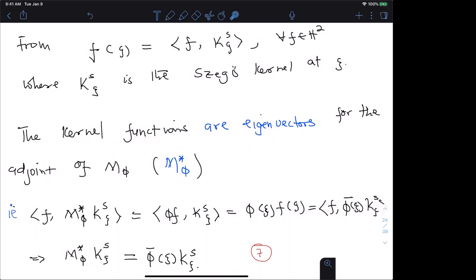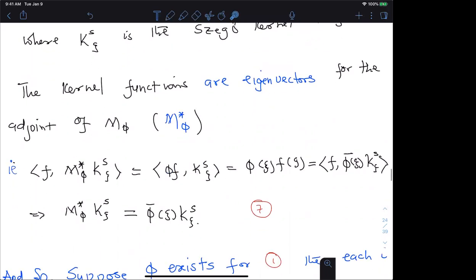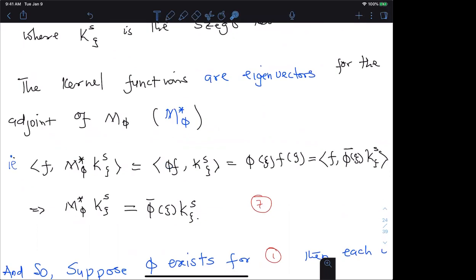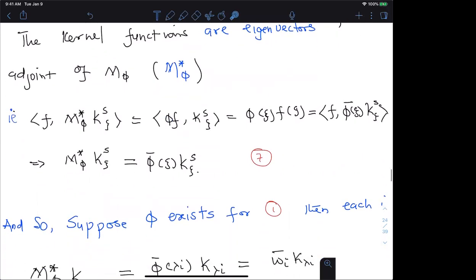One important aspect of operator theory that we're going to be using is that the Szegő kernels are eigenfunctions for the adjoint of the multiplication operator M phi. By definition, the adjoint operator acts on the Szegő kernel by this definition, and this is just the eigenvalue-eigenvector setup. So the Szegő kernels are eigenvectors of the adjoint of the multiplication operator.